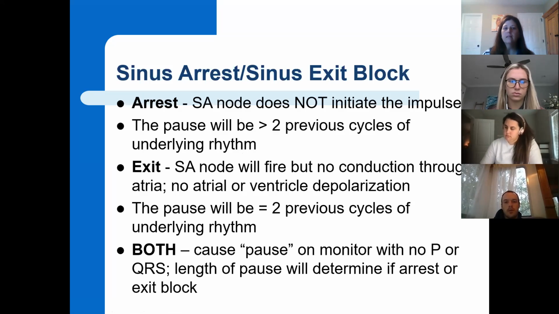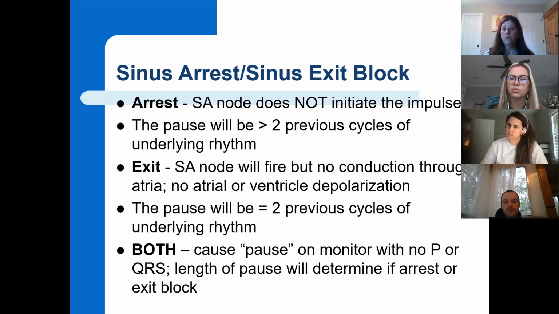When you have a sinus exit, the SA node fires, but the conduction doesn't move through the atria like it should. So there's not going to be any atrial or ventricular depolarization. We know the atrial depolarization looks like a P wave, and a ventricular depolarization is a QRS, right? So with an exit, we're not going to see that.